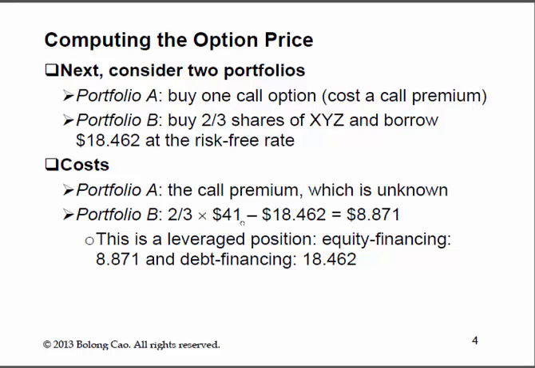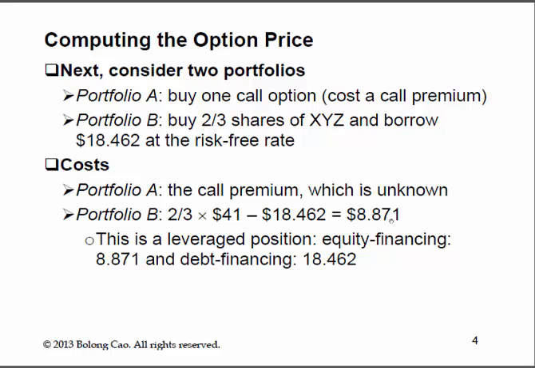And then because we borrowed $18.46, that borrowed amount of money can sort of help to pay. What's left, right, is $8.87. This $8.87 is what you have to take out of your own pocket. In other words, it's the equity portion of this portfolio.